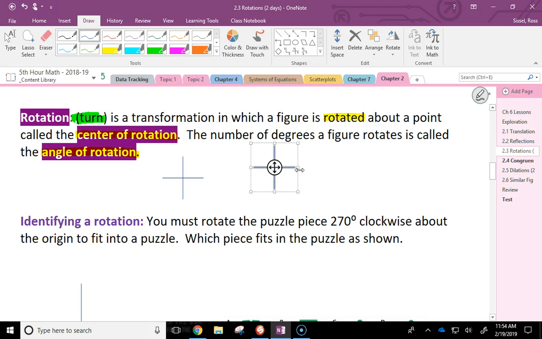Now, I can turn anything any amount of degrees. I can say turn it 33 degrees, turn it 67 degrees. We will do it a little bit simple. In your homework today, you're also going to be doing it simple. You have to tell me the terms. Here's a couple of terms that you have to know. If I start here, and I go this way, this is called clockwise.